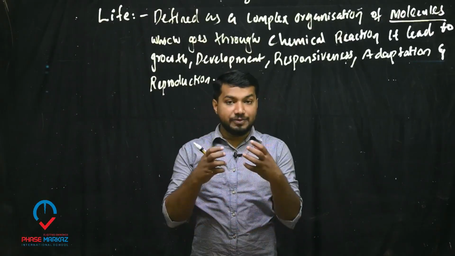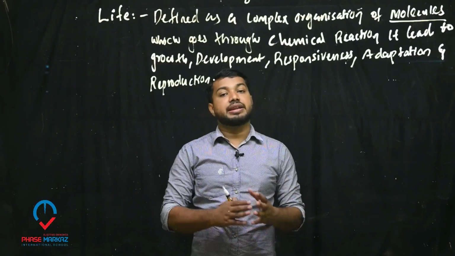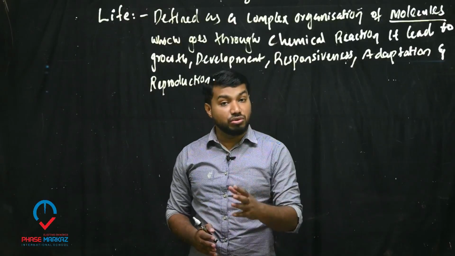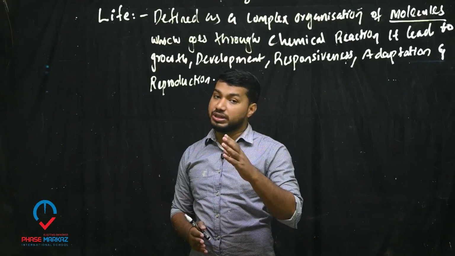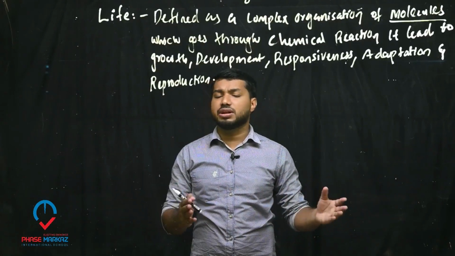Then how can we differentiate living and non-living organisms? For the differentiation, we should know the characters of living organisms. Once we know the characters of living organisms, we can easily distinguish between living and non-living things.